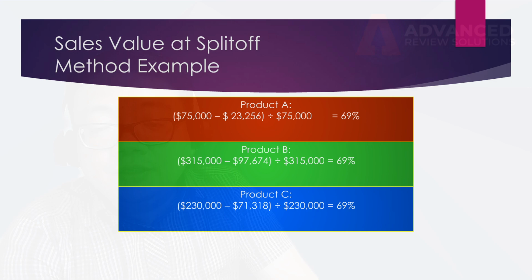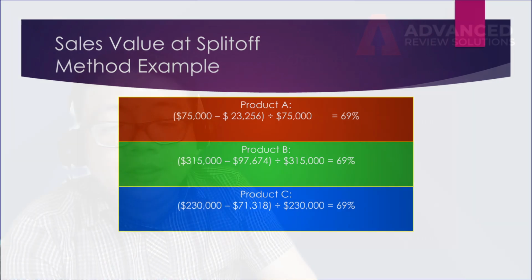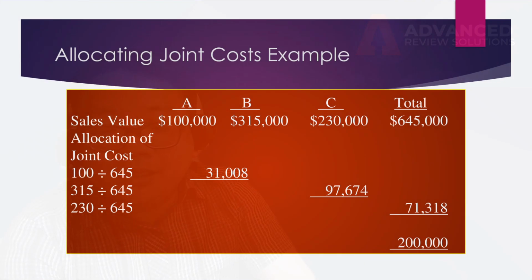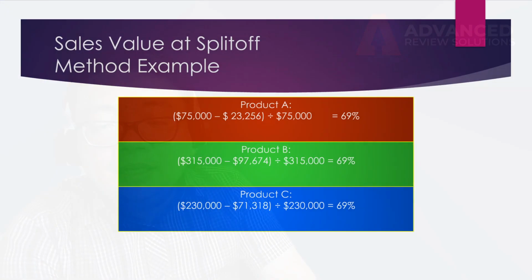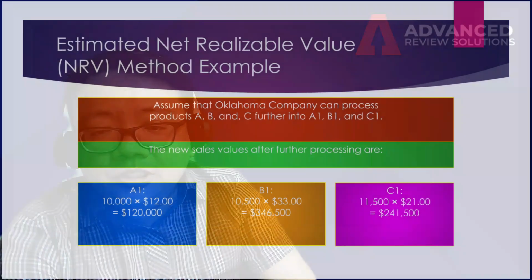So, you have 97,674 and 71,338. Yung product A lang class ang hindi buo because 75% lang to, no? Bakit? 75% lang yung naibenta natin. Okay? As you all know, you have your 69% for product A, product B, and product C. I have here computations for this.